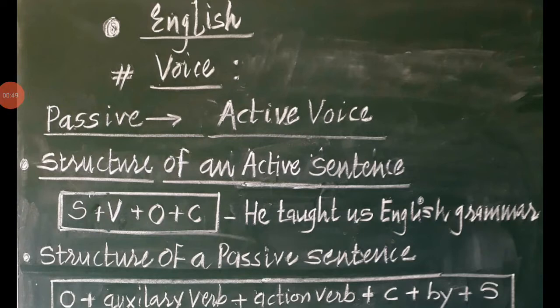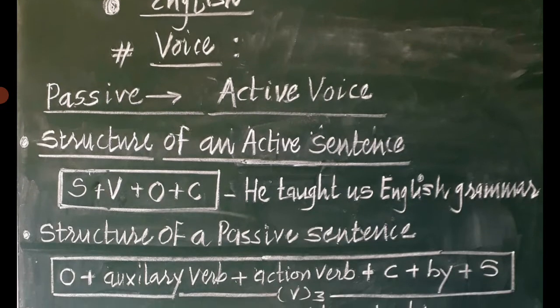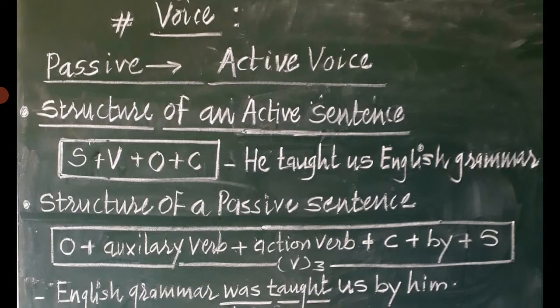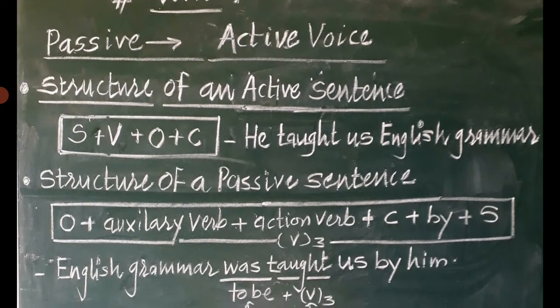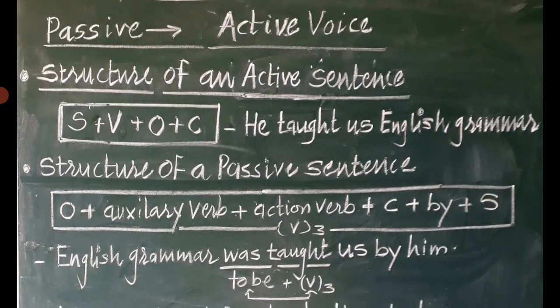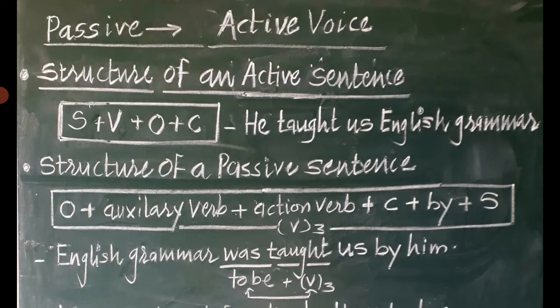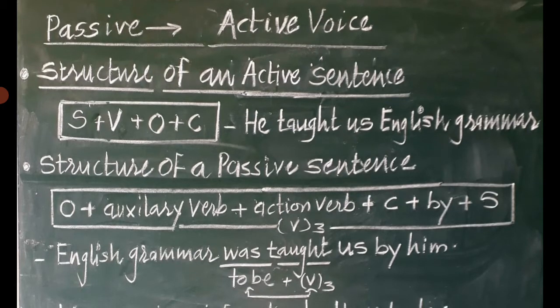Dear students, we are quite familiar with the structure of an active sentence as well as a passive one. Let us see them again. The first is the structure of an active sentence. As we all know, any active sentence begins with a subject.